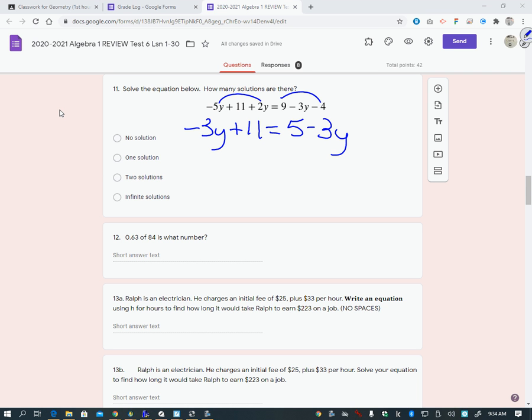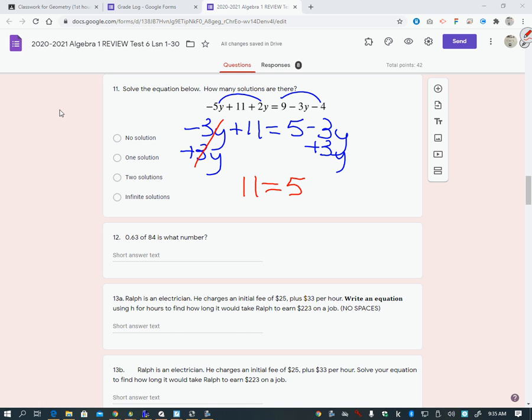Add the 3y. How do I move it? Add it. Okay. All right, what is negative 3y plus 3y? 0. So what we're saying is that it cancels out, right? And I'm left with what? What's left now? No? What's left? Look at what's left. 11 equals 5.